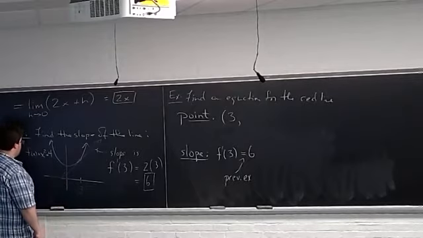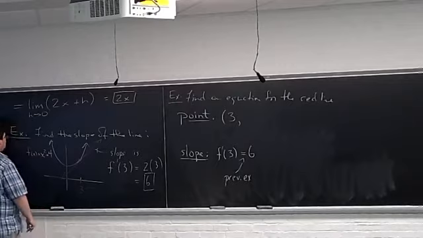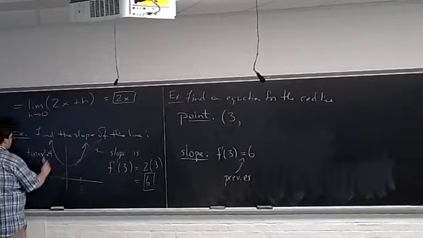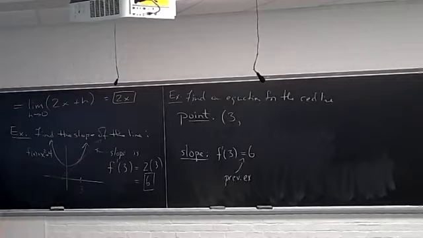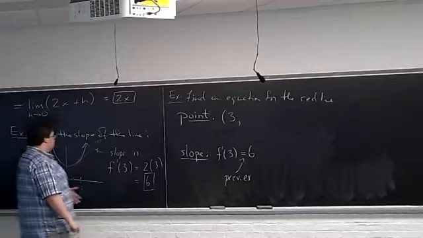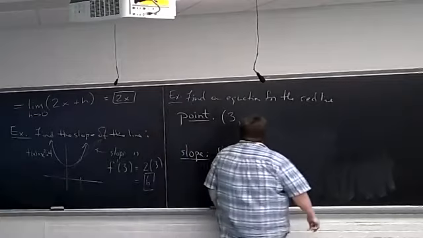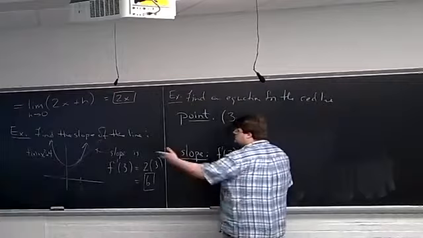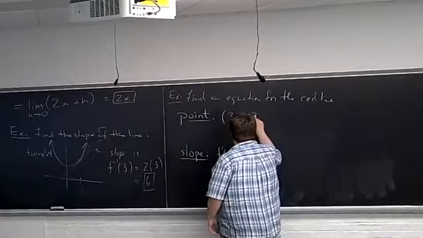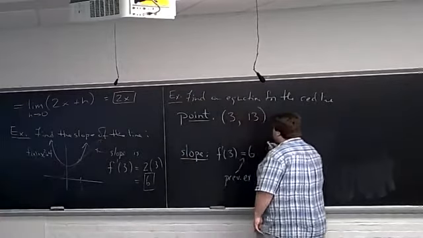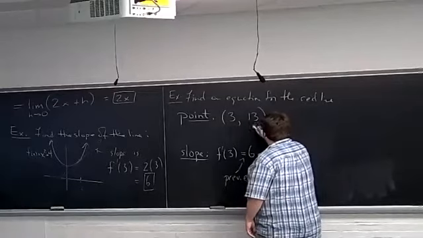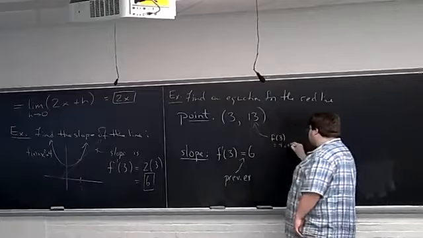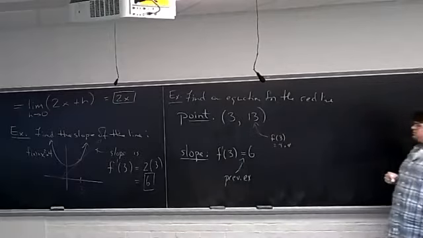Actually, it's the only point we can find on this line. It's on the line, but it's also on the curve, which means we can use the curve f of x to figure out the y value. When x equals 3, f of x is 9 plus 4, so 13. f of 3 equals 9 plus 4 equals 13.